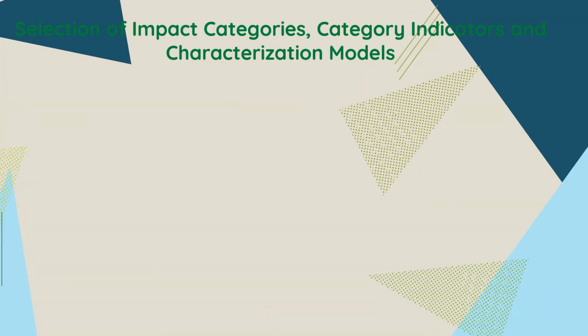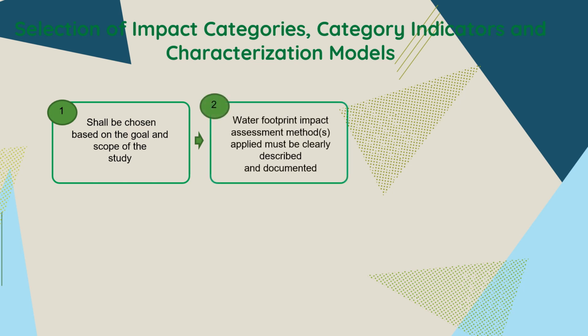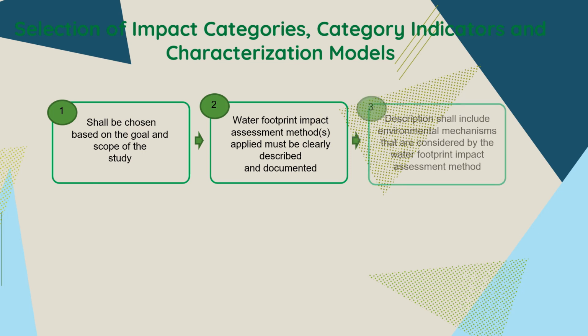Impact categories, category indicator and characterization models. Firstly, should be chosen based on the goals and scope of the study. Second, water footprint impact assessment method applied must be clearly described and documented. Thirdly, description should include environmental mechanisms that are considered by the water footprint impact assessment method.